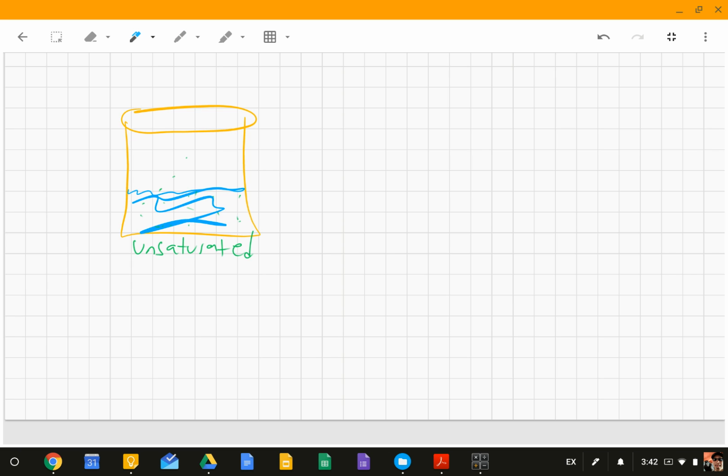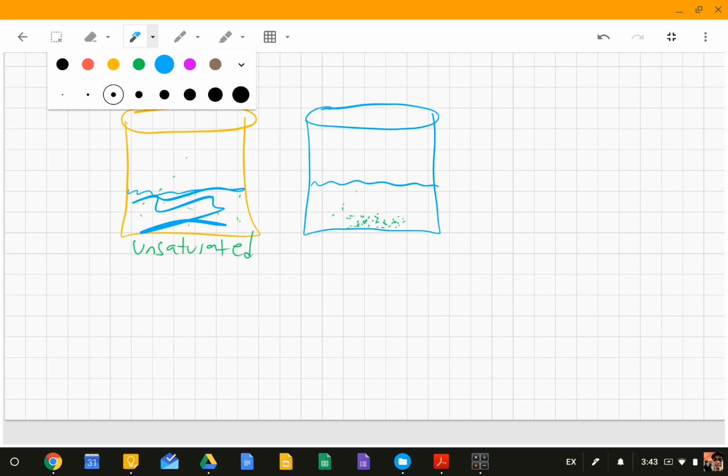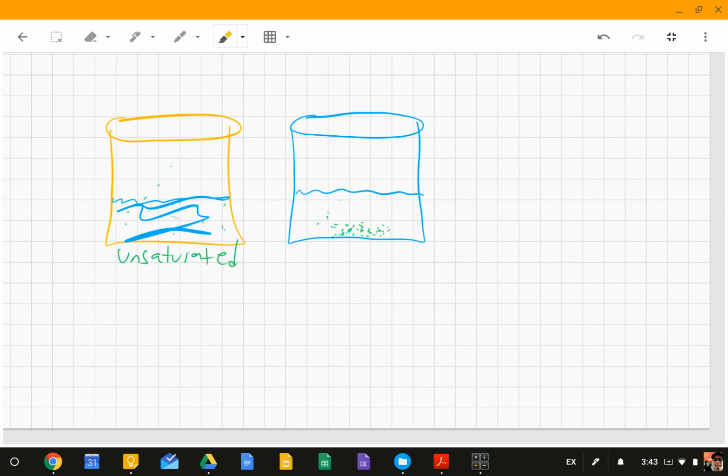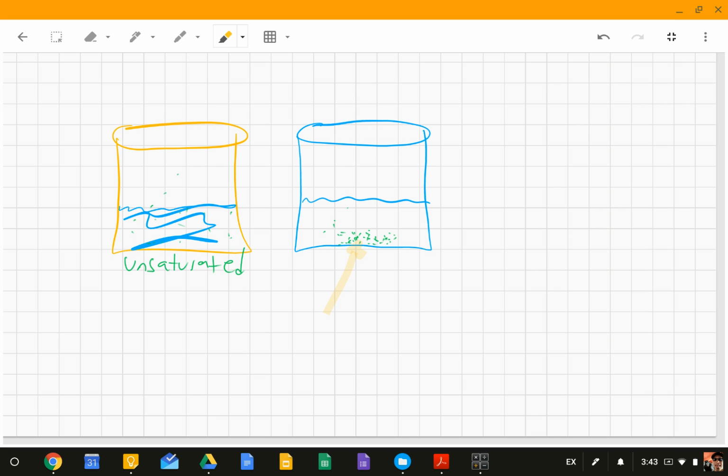If you have another solution with some solute dissolved in a solvent, and you try to add more solute, and you notice that it won't all dissolve, and you see a buildup of solid undissolved solute sitting at the bottom of the container, which, by the way, you probably know this, that is called precipitate. That's precipitate.